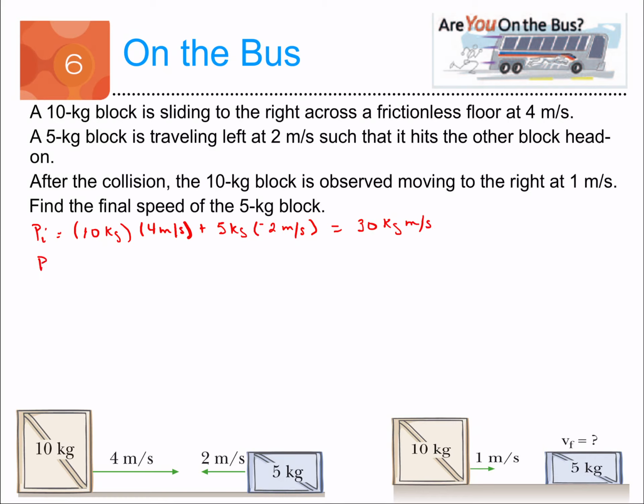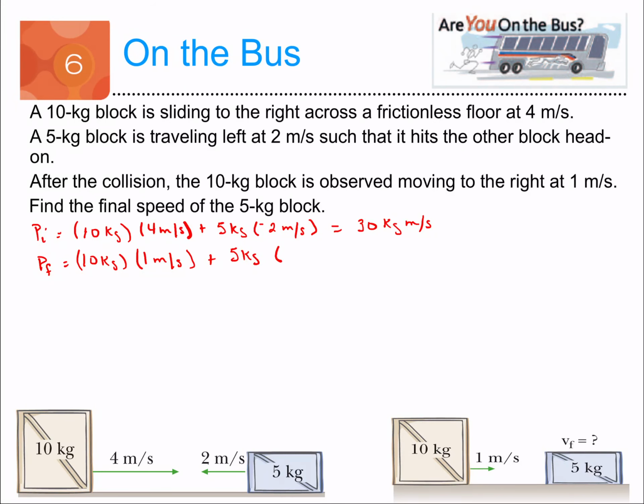Now, our final momentum is going to be our 10 kilograms of block 1, and notice the speed is now 1 meter per second, plus our 5 kilogram block.